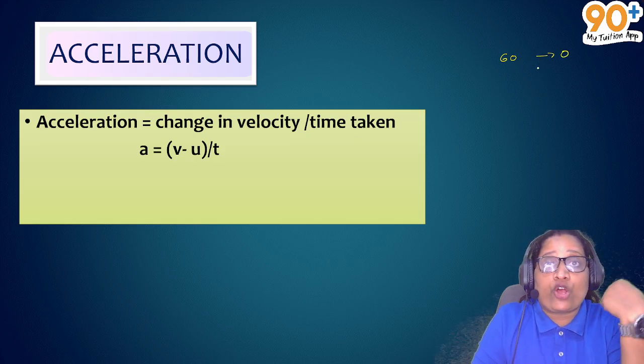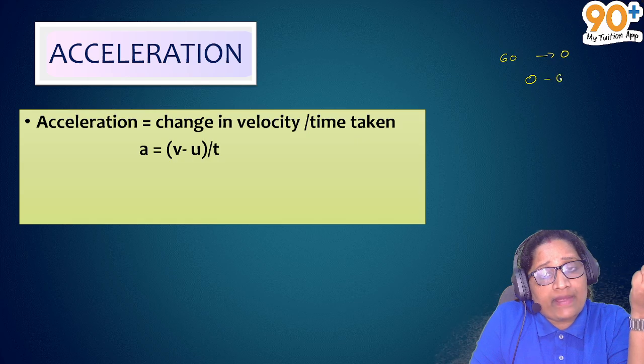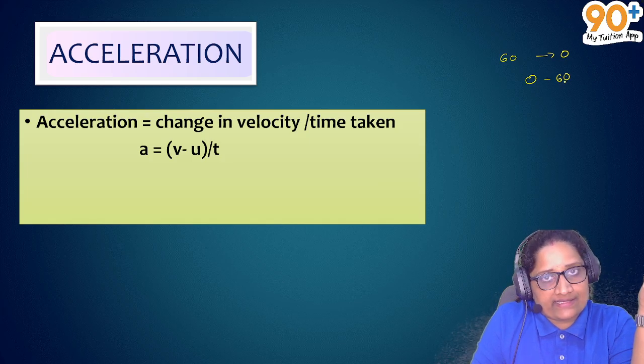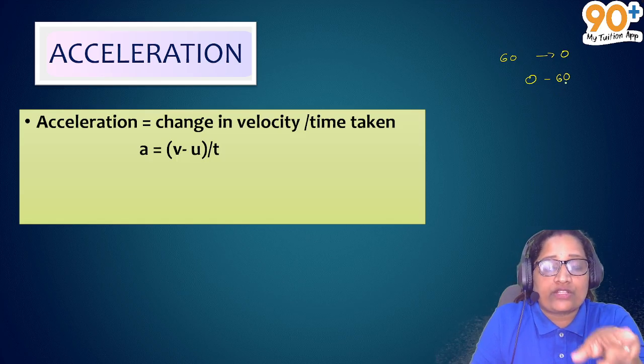How much did the velocity change? 0 minus 60. Final velocity minus initial velocity. Here it is deceleration, speed decreases, so we get a negative value.